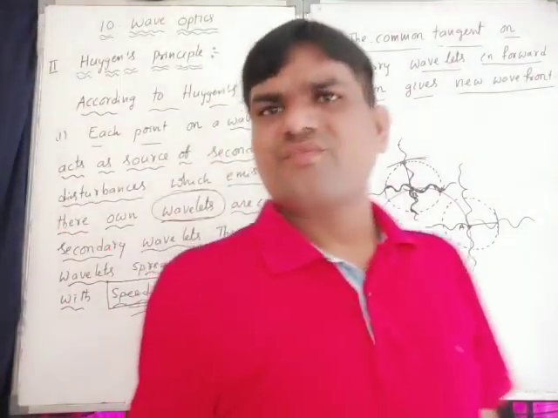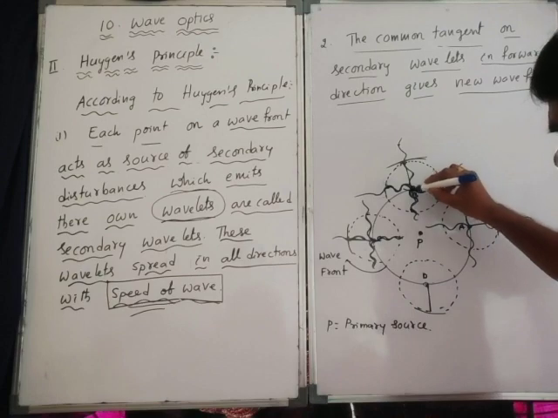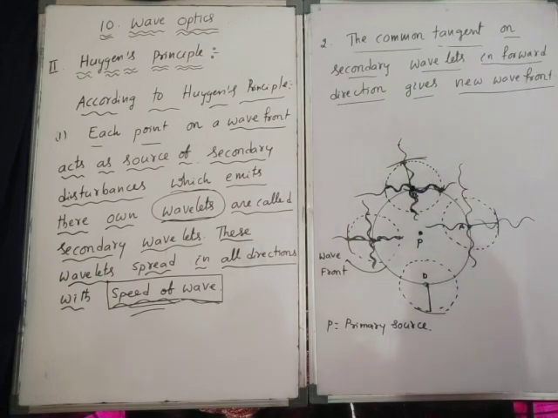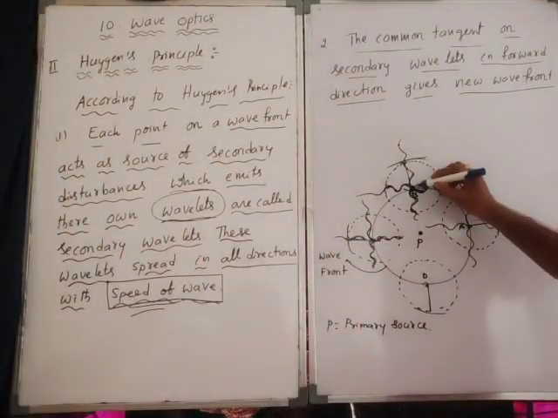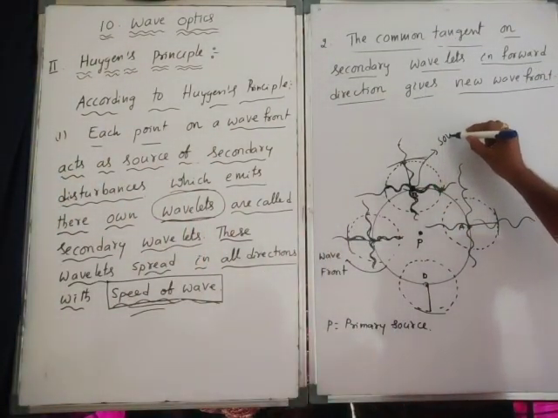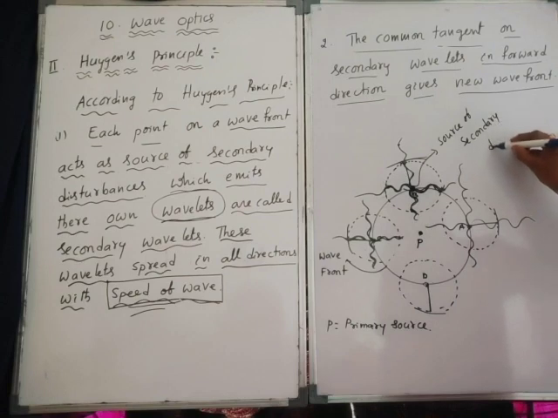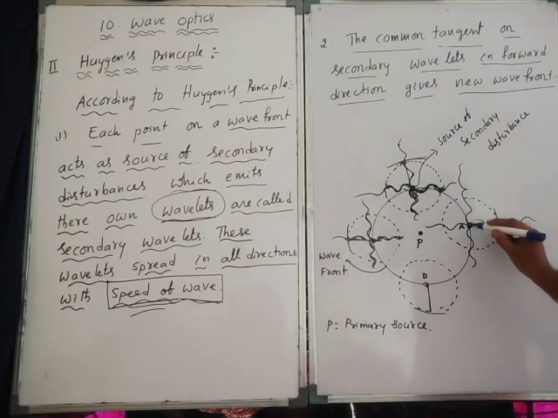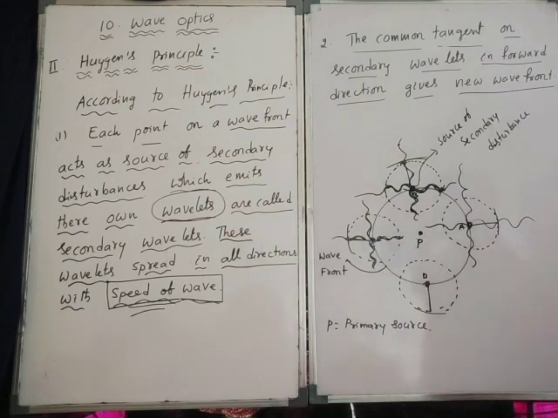That means here is a secondary source, a source of secondary disturbance. This point is also a source of secondary disturbance.